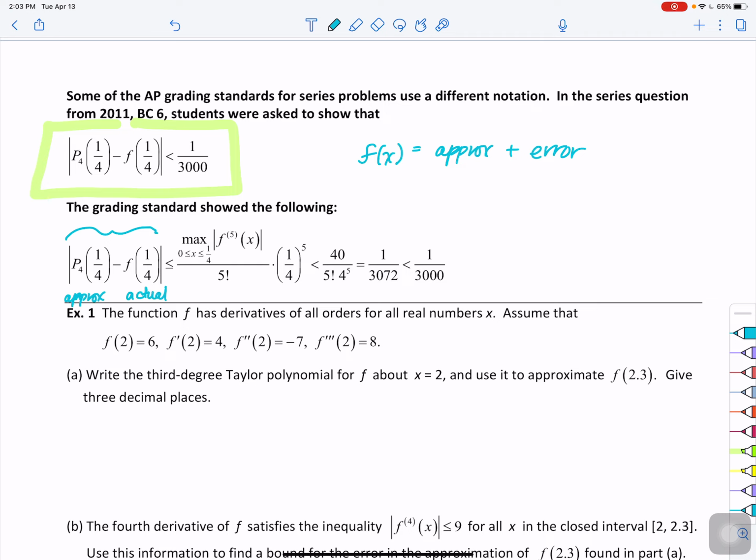Then, if you took the absolute value of your actual minus your approximation, you can see that you will have your error. Okay? Now, that is what this is right here. This is the error, and this is a bound on the error. Okay?